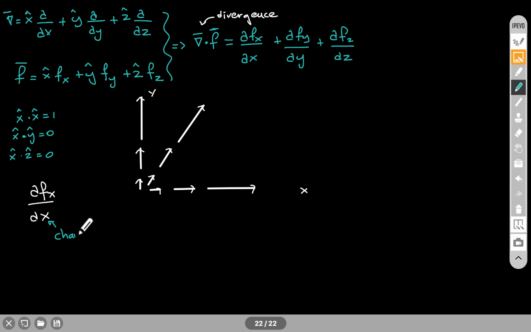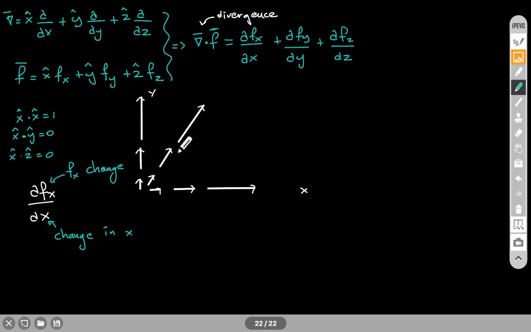It means I have to think about making a small change in x. Okay, this is what this is telling me. And when I make a small change in x, I need to evaluate if the x component is changing and by how much. So I need to find the change of the x component of the function.